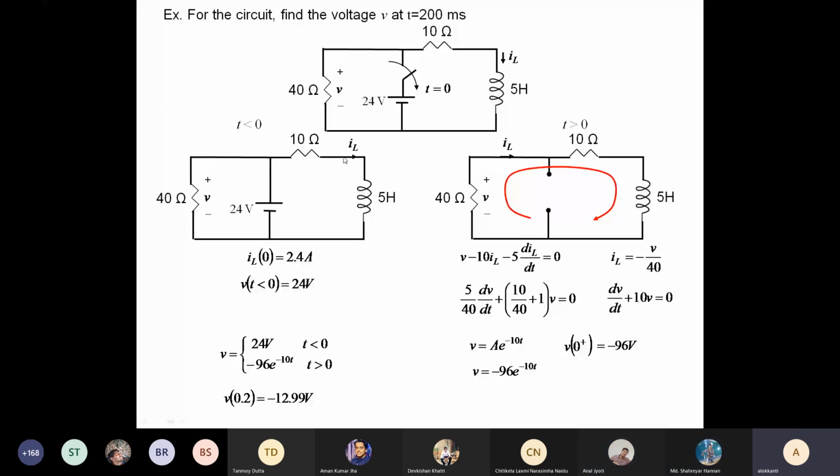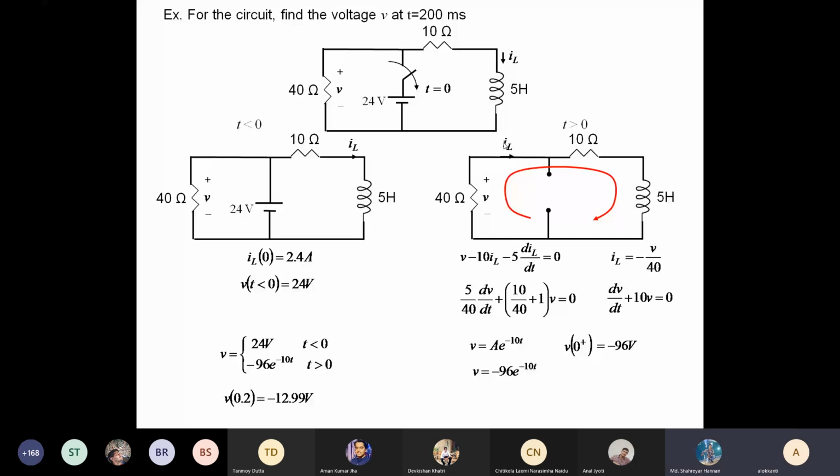This is the IL for t less than 0, and the IL is also given with respect to the same direction. The expected IL has to be given. Similarly, for the voltage, we have defined the polarity of the voltage across the 40 ohm resistance, and with respect to that reference, the answer is expected.